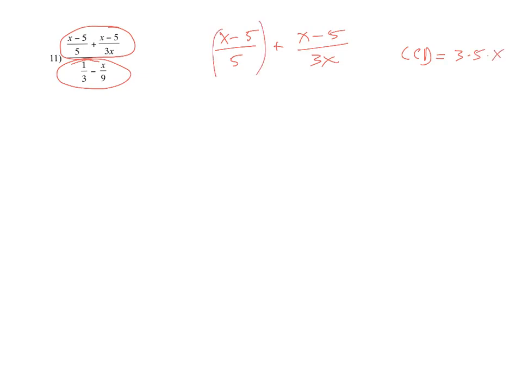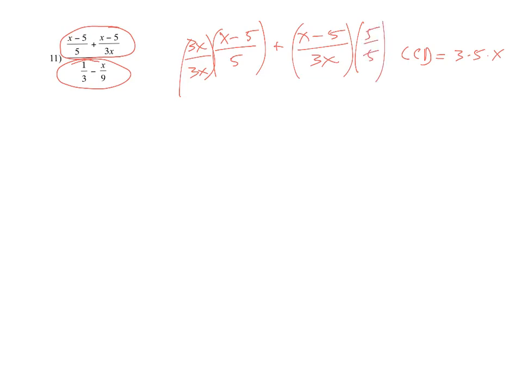So this first one has the 5, but we need the 3x, so we're going to multiply top and bottom by 3x. This guy has 3x, but we're going to multiply top and bottom by 5.